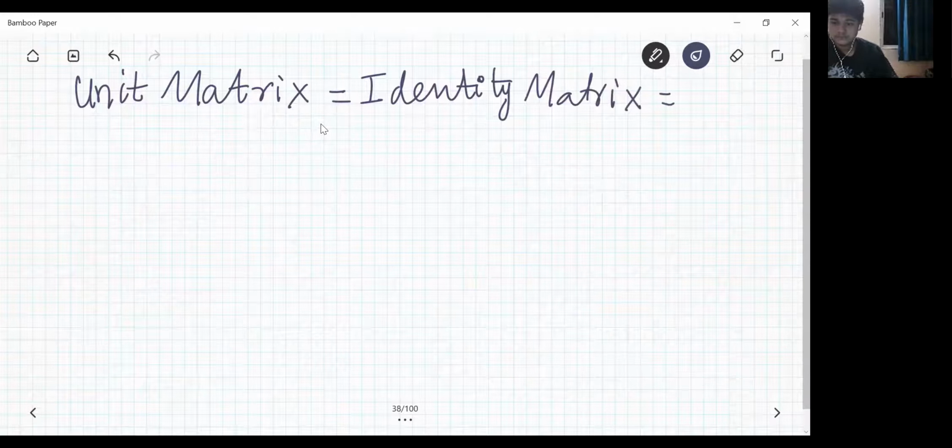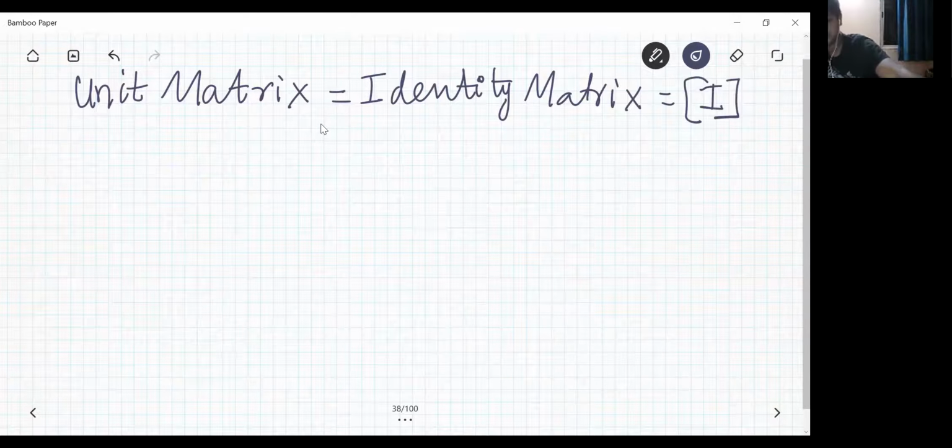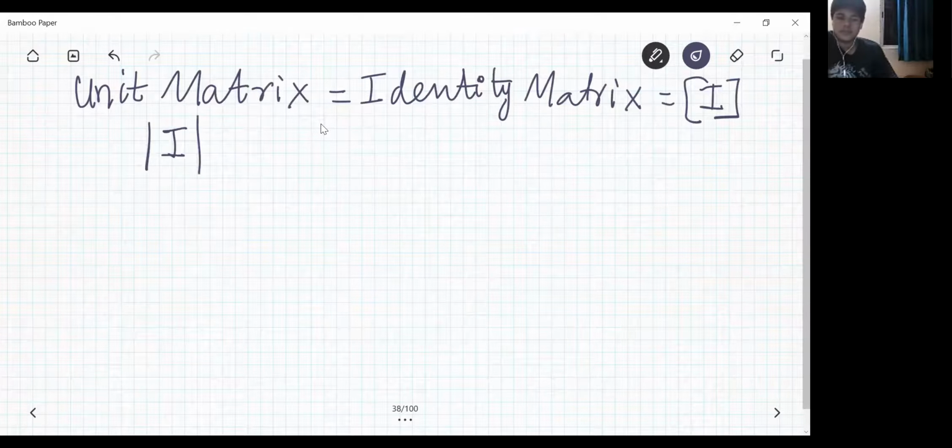It is represented by the matrix I. Symbol I is used. Its property is that the determinant of that I is always equal to 1. So it is called unit matrix.